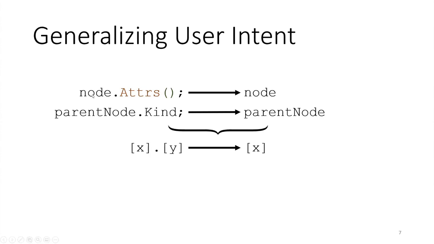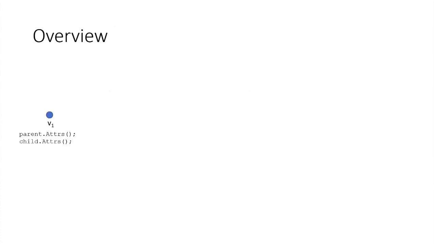For instance, if the user makes this change, just removing this method invocation, and this second change, where the user just removes this reference to kind, you can find a pattern there from x.y to x. But if you show this to any developer, they will say this is not a repetitive change that I want to do. So there are a lot of challenges in this environment.